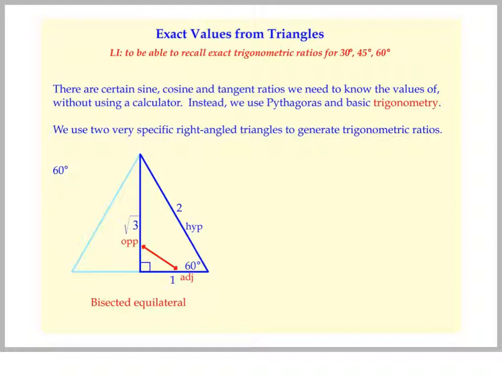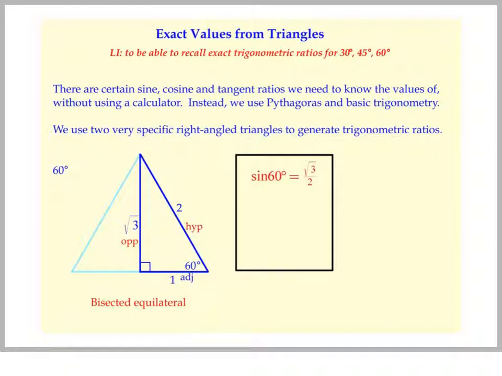Now for the 60-degree angle, all we do for this triangle is swap the opposite and the adjacent sides around, because if the angle is now here, the opposite side is now this one here, this root 3 side. So, using the same process, using trigonometry, we've got sine 60 is opposite over hypotenuse, root 3 over 2.